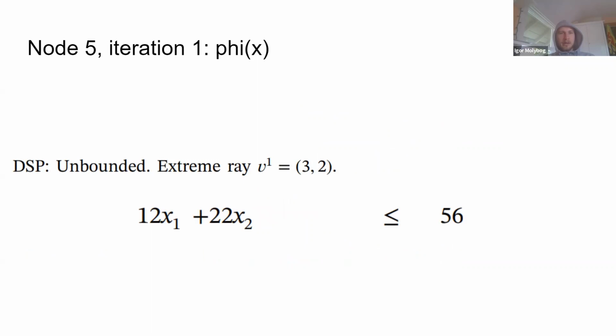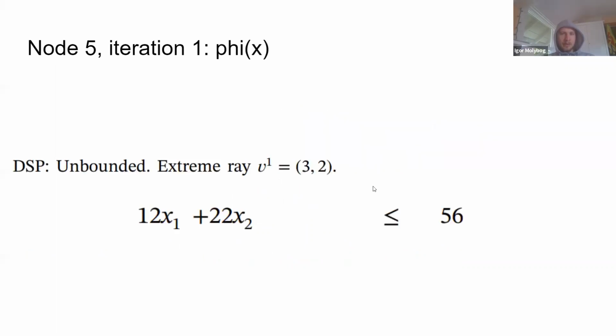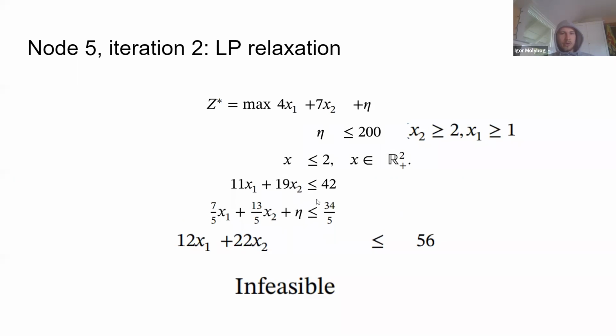this is the problem that we end up with, and after the solution for the 5x, we realize that the corresponding 5x is infeasible, and basically we are able to find the extreme ray v1 and add the corresponding inequality to our LP relaxation, and the new LP optimization problem turns out to be infeasible.